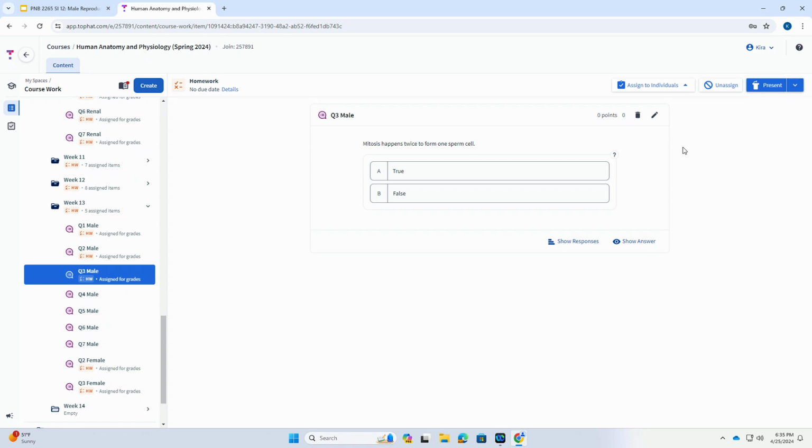Mitosis happens twice to form 1 sperm cell. So this should technically say 4 sperm cells. But mitosis happens twice in 1 round of spermatogenesis.